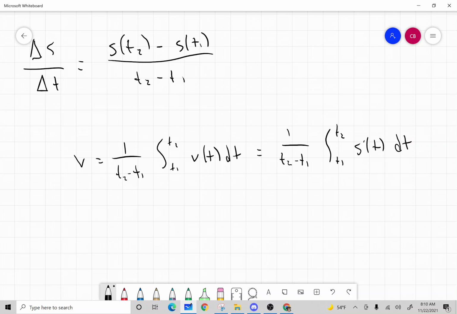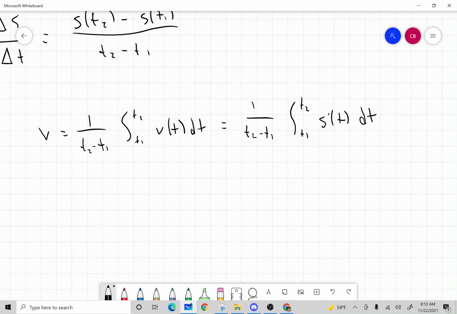Okay. And so if we use the net change theorem, then this is going to be 1 over t2 minus t1 times s of t2 minus s of t1.